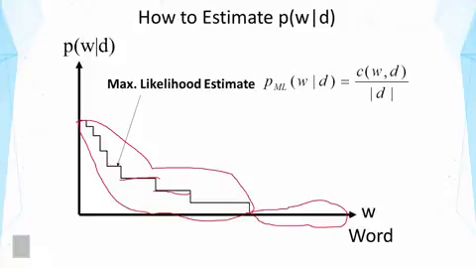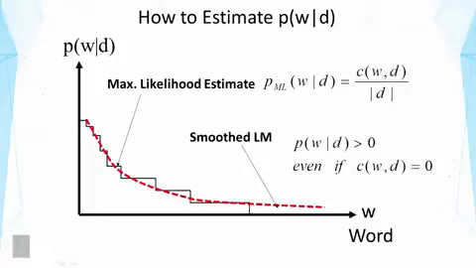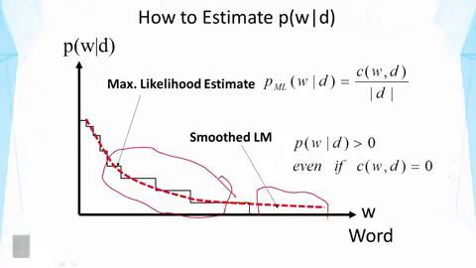Well, in order to assign a non-zero probability to words that have not been observed in the document, we would have to take away some probability mass from the words that are observed in the document. So for example, here we have to take away some probability mass because we need some extra probability mass for the unseen words.